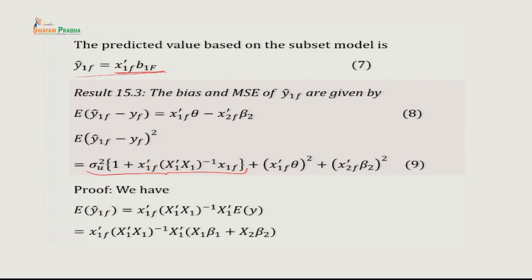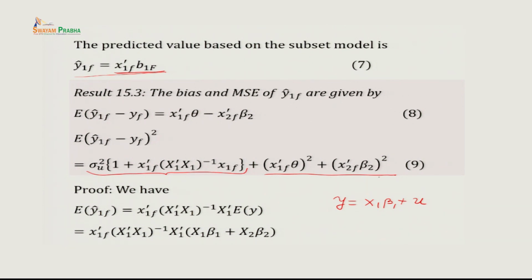So, if your true model is y equal to x 1 beta 1 plus u, then the variance of the predicted value is this. But since this is a misspecified model, you get this part also in the expression. So, the variance increases by this part.